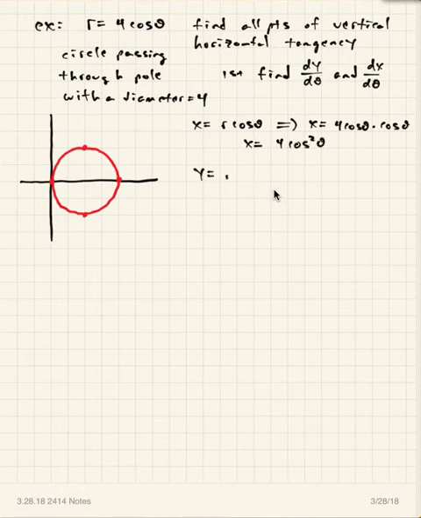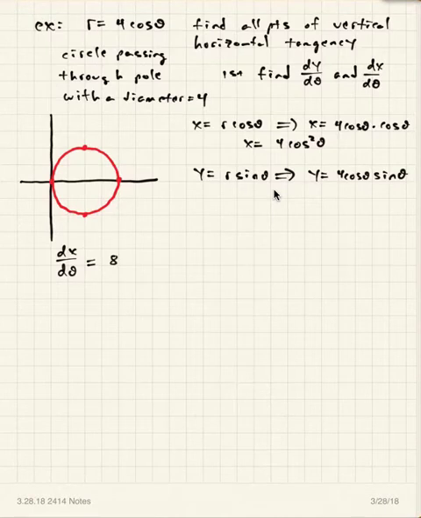Y is equal to r sine theta. And so y would be equal to r, we know is 4 cosine theta, so this would be 4 cosine theta times sine theta. And we could leave it like that. It doesn't really simplify too much beyond that, the way I would look at it. All right, so dx d theta in our problem, derivative of x with respect to theta, would be the chain rule.